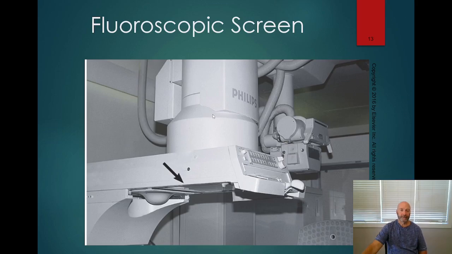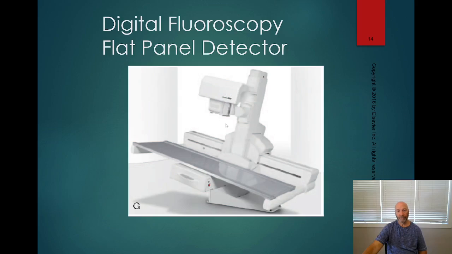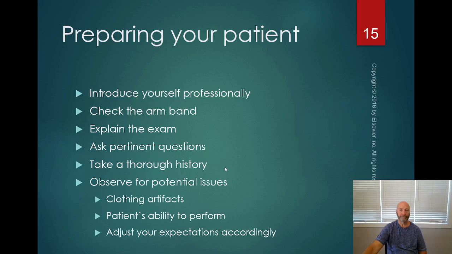So with this being the image receptor, everything that we're shooting with the patient flat on their back is a reverse of what you're used to seeing. So with the patient laying flat on their back, it would be a PA projection. Some of your newer systems have the image receptor below the patient and the X-ray tube above the patient. So this is also digital fluoroscopy, but it's just a different orientation with the X-ray tube above the patient.